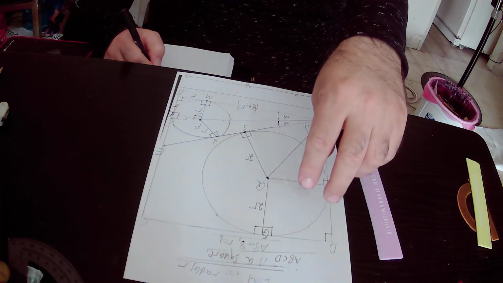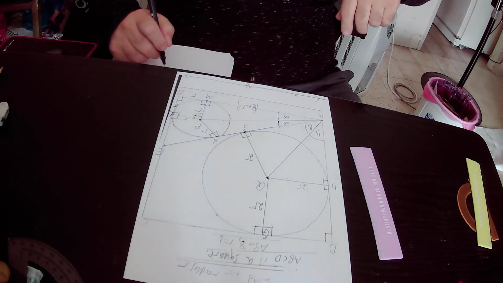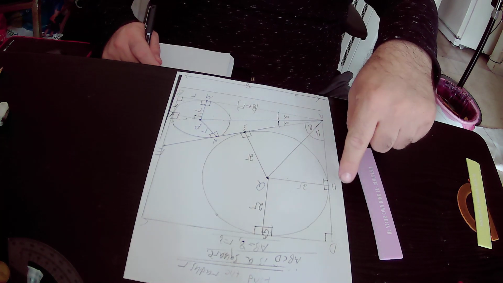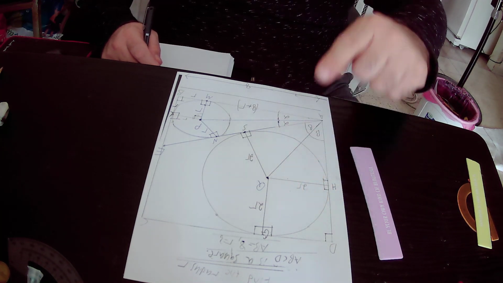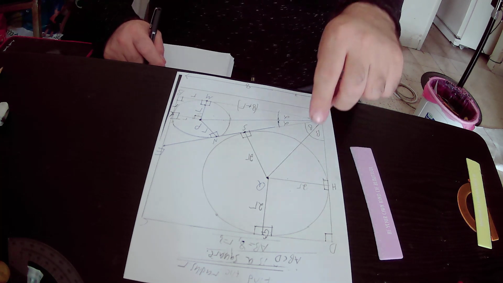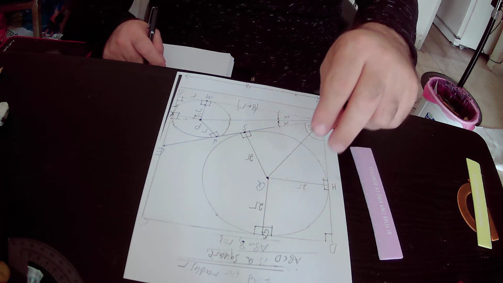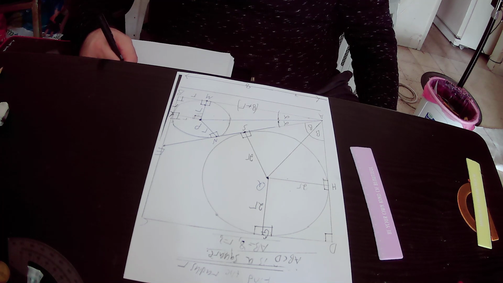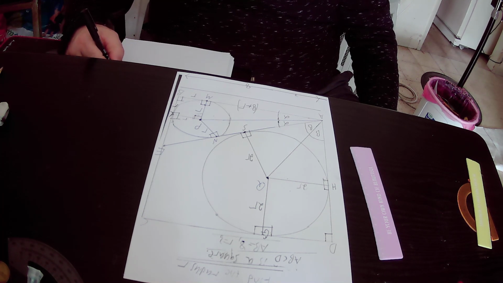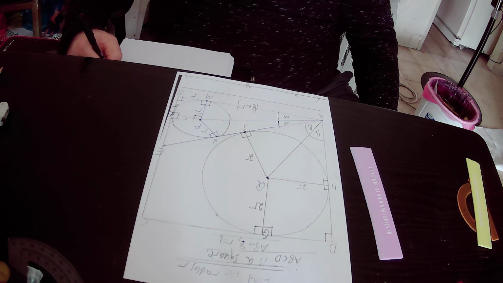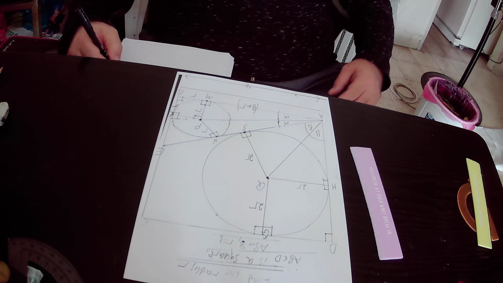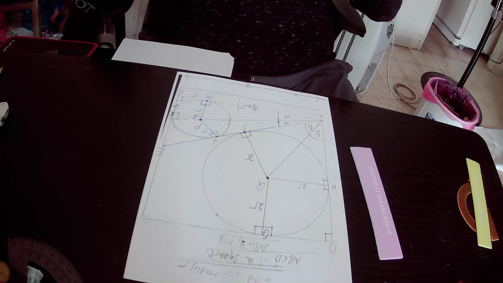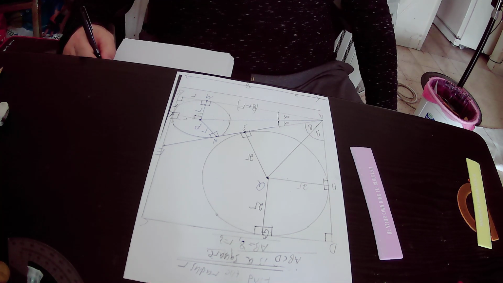In quadrilateral DGHQ, we have 3 right angles, and their sum is 90 degrees times 3, which is 270 degrees. We know that the sum of the angles in any quadrilateral is 360 degrees.